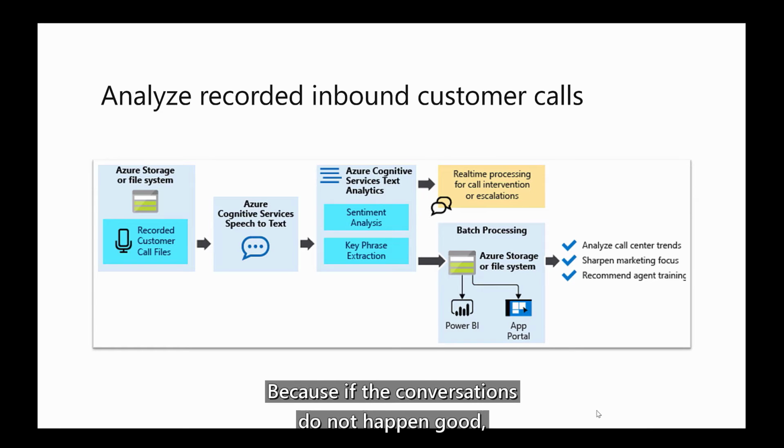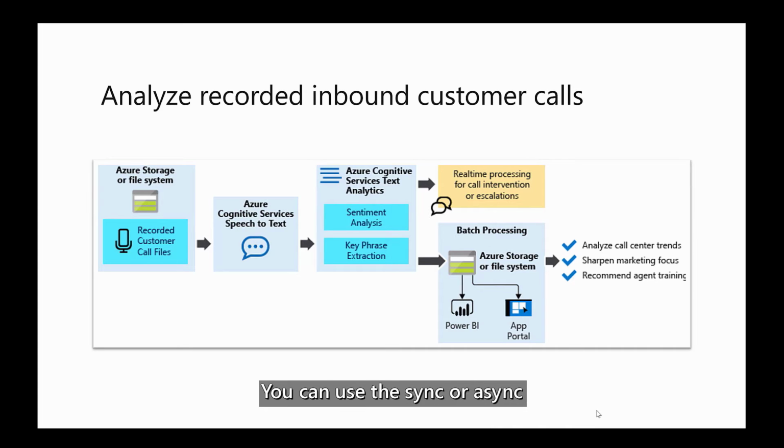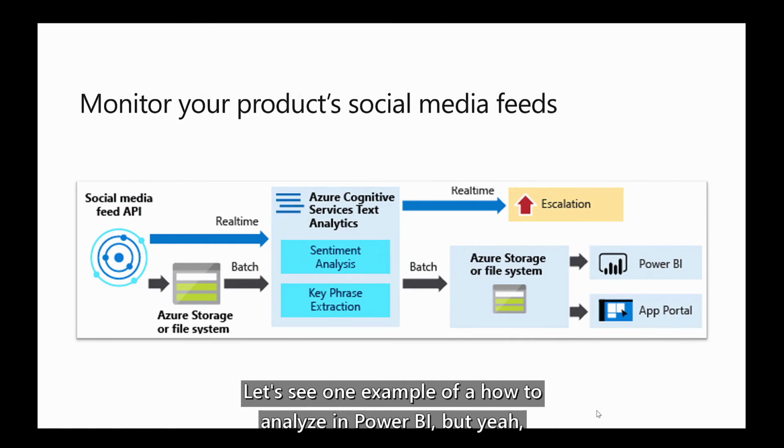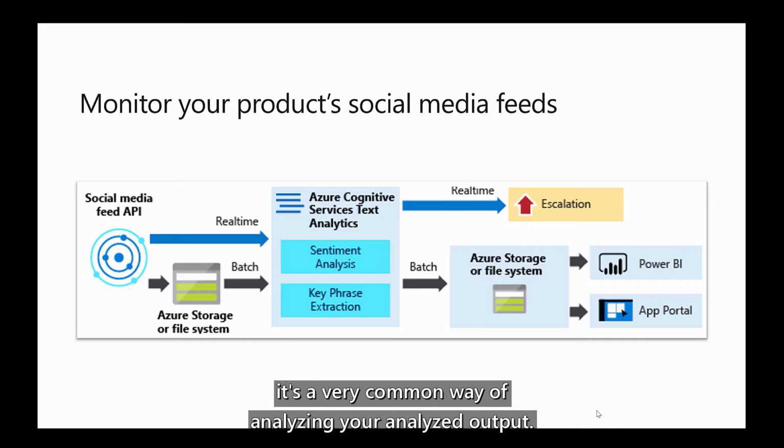Because if the conversations do not go well, then you can take some action based on that. And you can use the sync or async offering depending on the type of service, and also the type of latency that is expected. And then you can show this in dashboards in Power BI or whatever.